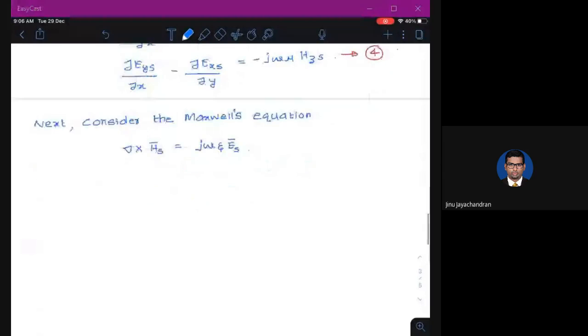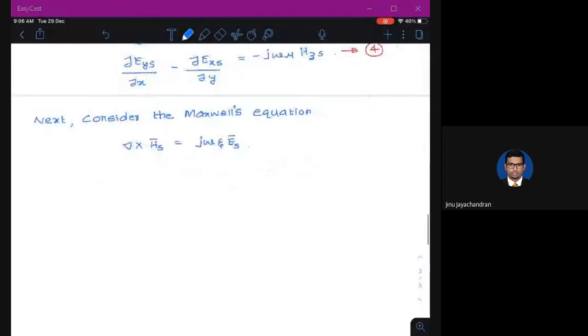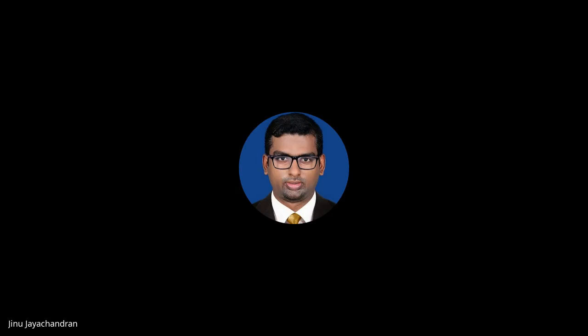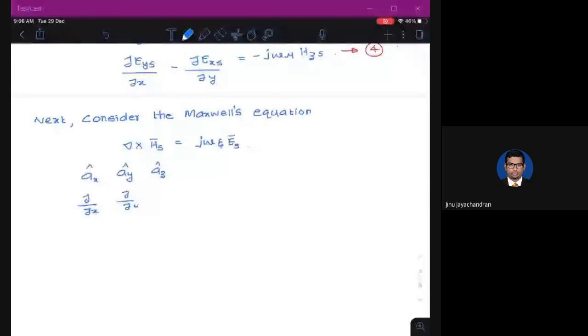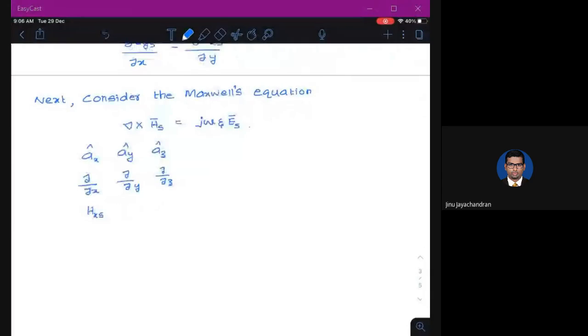Again, I am expanding the LHS: AX cap, AY cap, AZ cap, dou by dou x, dou by dou y, dou by dou z, HXS, HYS, HZS, its determinant is equal to j omega epsilon multiplied by EXS AX cap plus EYS AY cap plus EZS AZ cap.